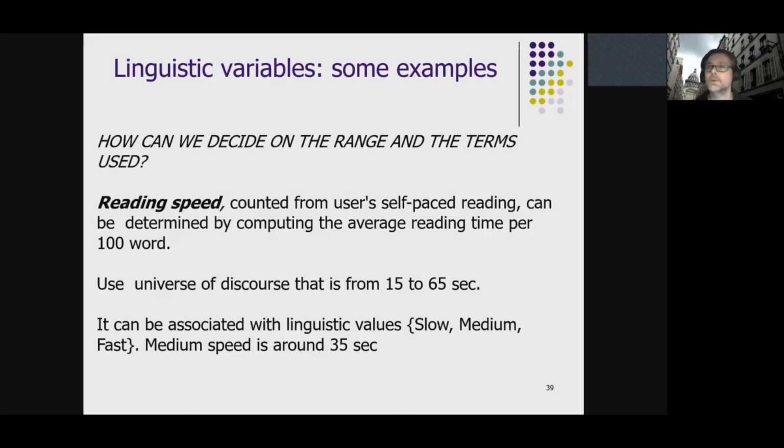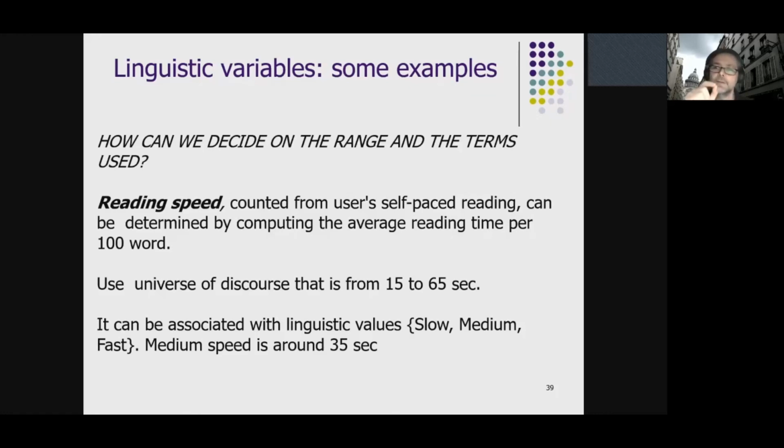And as I said, the simplest way to start would be to say, look, I have just 3 fuzzy terms: slow, medium, fast. So I can use triangular fuzzy sets and design 3 fuzzy sets on this universe of discourse. And since the range is between 15 and 65, and our psychologists, researchers have found that on average it's 35, then it's very easy to make the assumption and say that the fuzzy set medium is centered around 35 seconds.